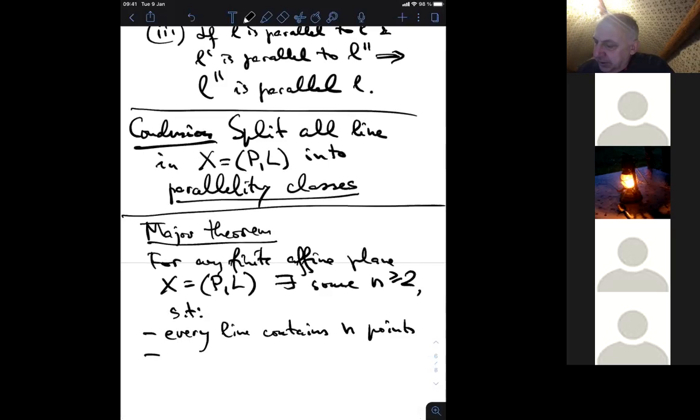Every point is contained in n+1 lines. There are n+1 parallelity classes.